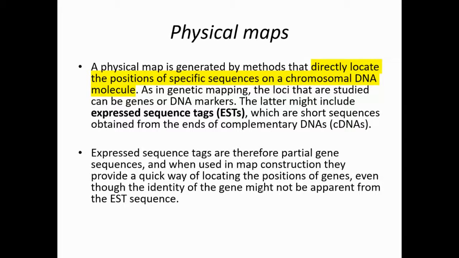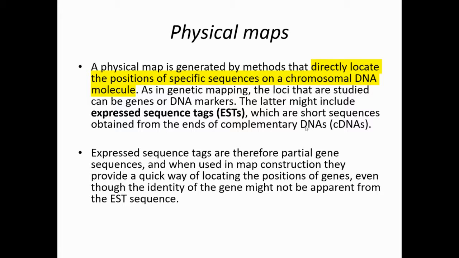And the physical map is generated by directly locating the position of a specific sequence on the chromosomal molecule. And then it can be a DNA marker like an expressed sequence tag, which is a short sequence obtained from the end of a complementary DNA, the cDNA.